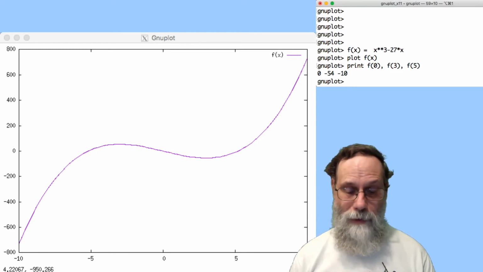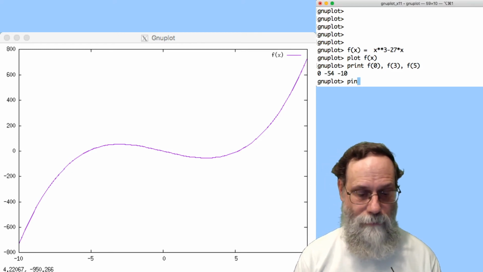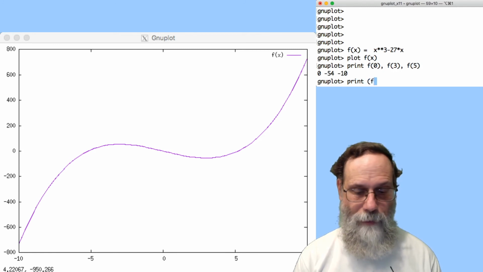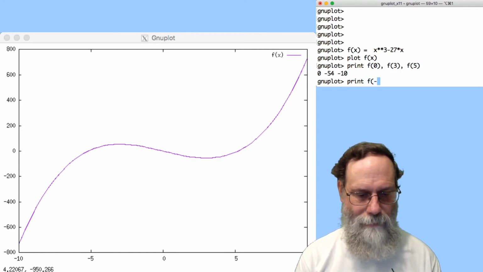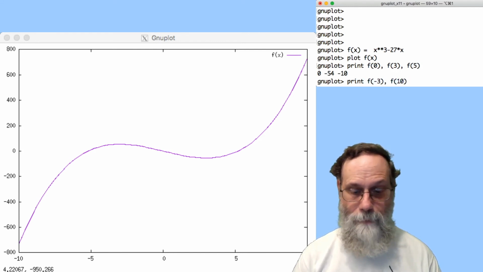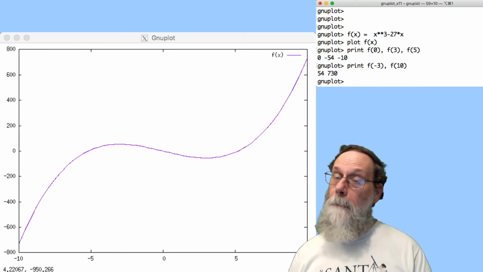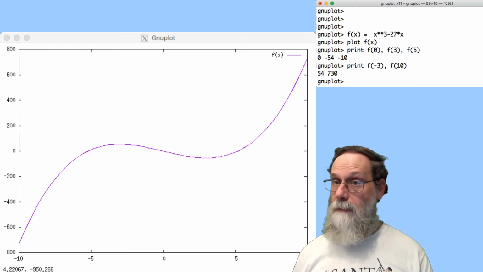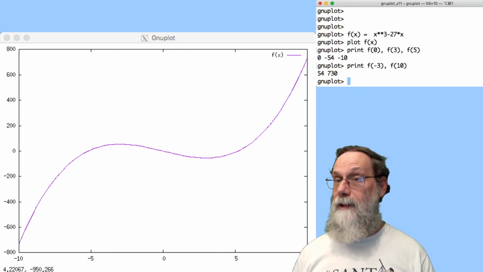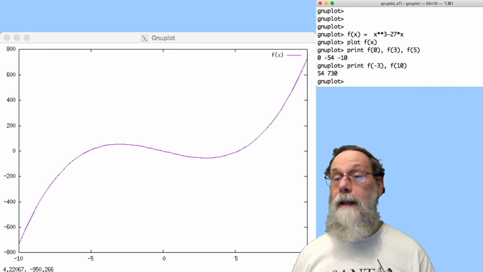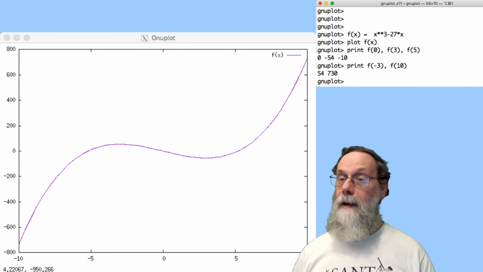And so let's try printing f of minus 3 and f of 10. And now we can see minus 3 would have been the maximum if our range didn't go as far as plus 10. If it only went as far as plus 5 like we had before, then minus 3 would have been a maximum. But if we can go all the way up to plus 10, then f of 10 is our maximum.